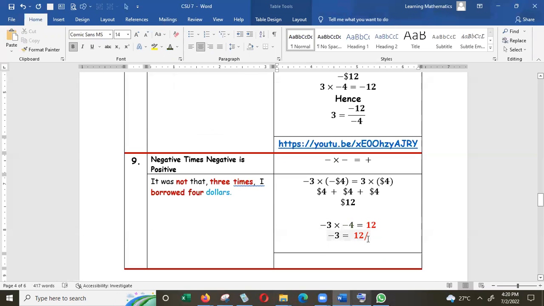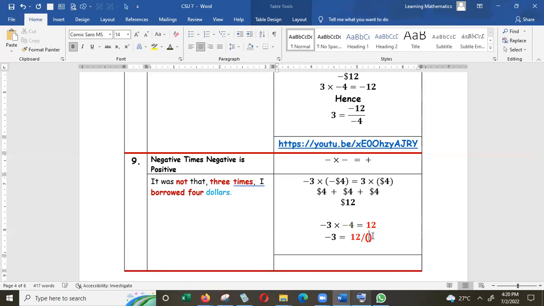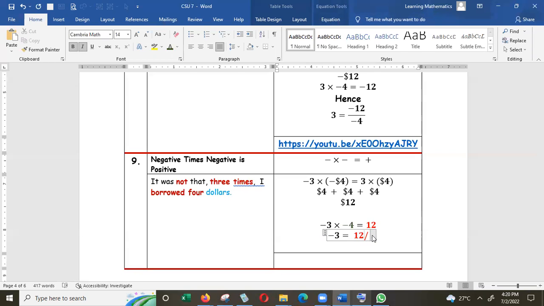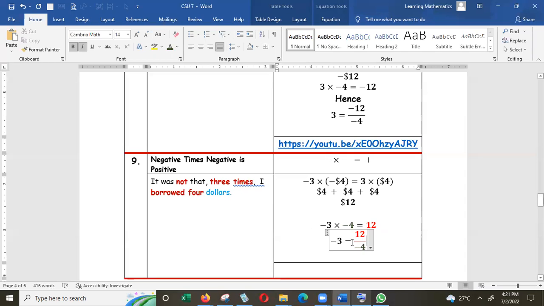It's like the reverse. So as you can clearly see, this confirms the other phrase that a positive divided by a negative is a negative.